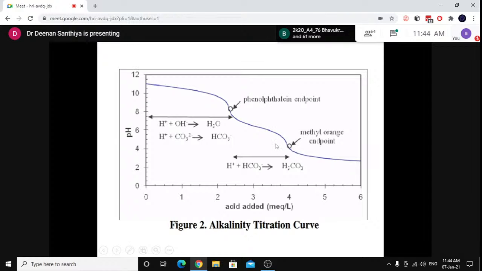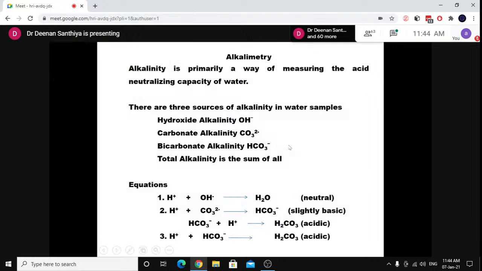The color changes on the acidic side, around pH 3.22 to 4.5. So you understand why two indicators are used in alkalimetry, because of this partial dissociation.